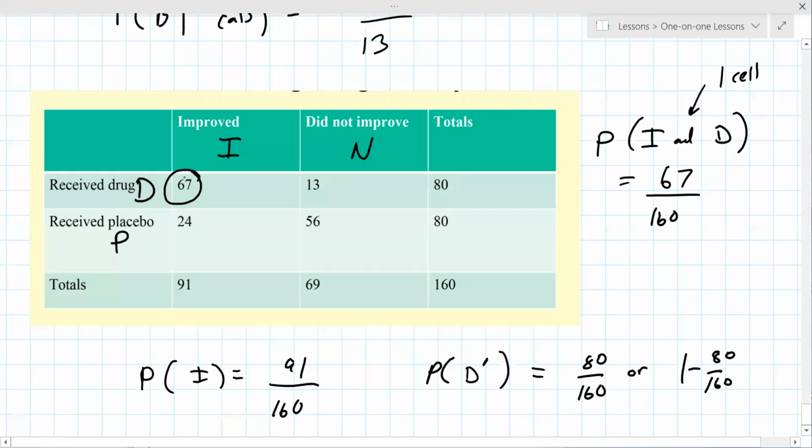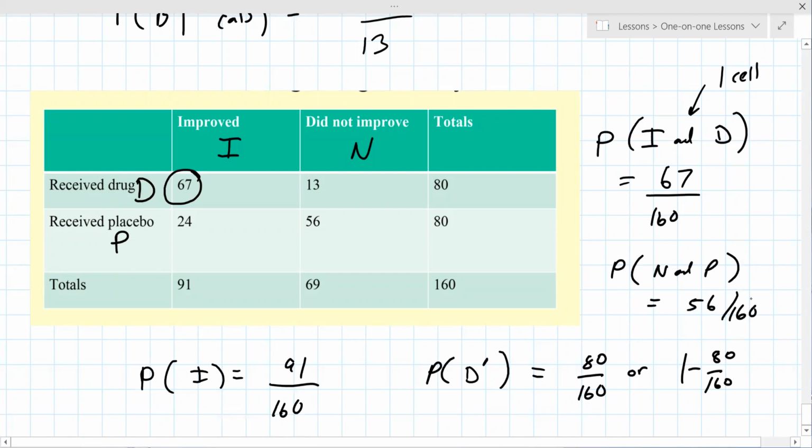Okay, that makes sense. What's the probability of N and P? What would that be? 56 out of 160. Exactly.